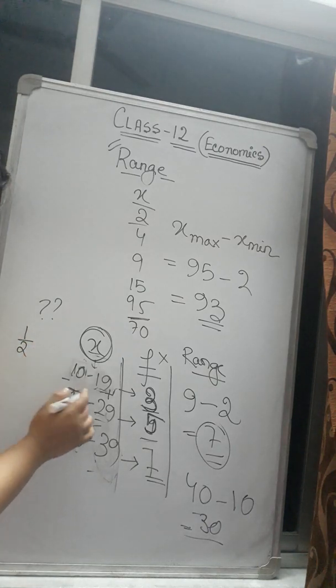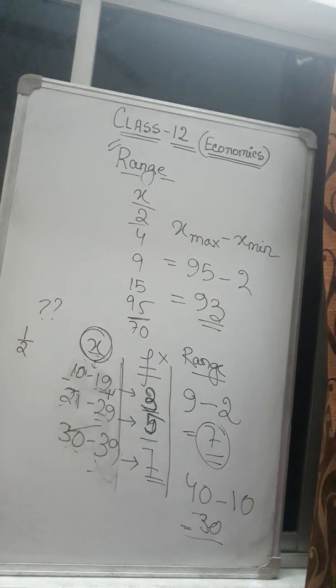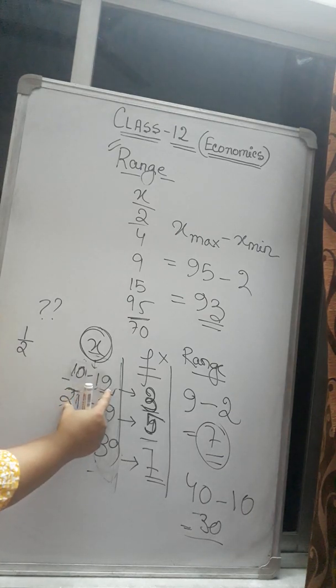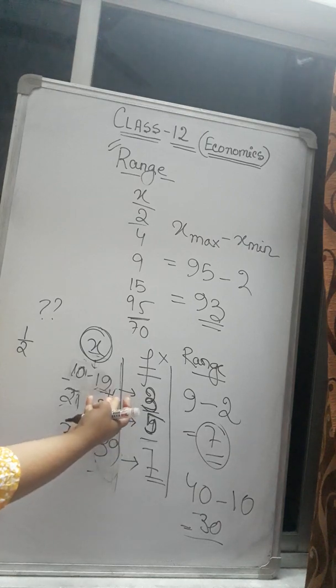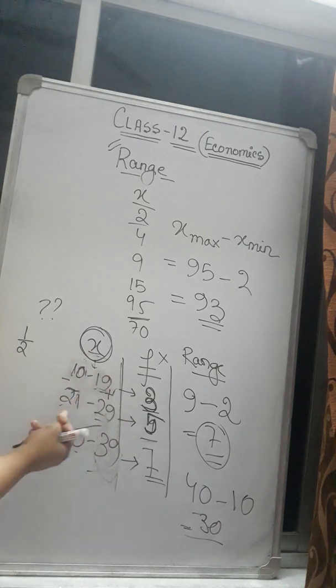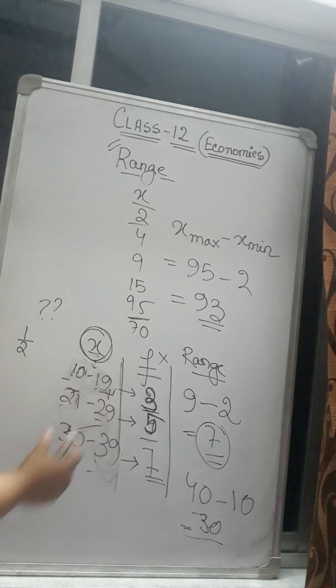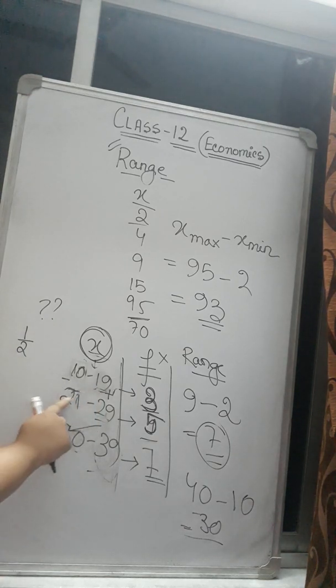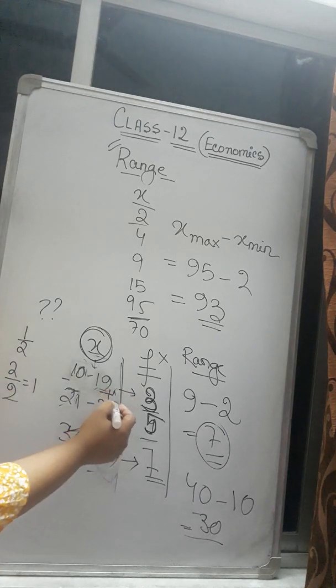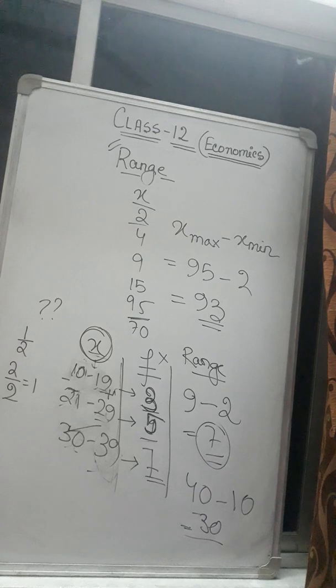Similarly, if it was 21, meaning 19 and 21, what is the gap between these two, the upper limit of the first class and the lower limit of the next class? That means if somebody has got 20, they will not be included in any of the classes. So the gap is 2, 21 minus 19 gives you 2. That time we have to do 2 divided by 2, which will be equal to 1. So we will be adding 1 over here, subtracting 1 over here.